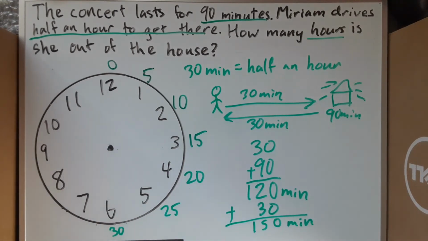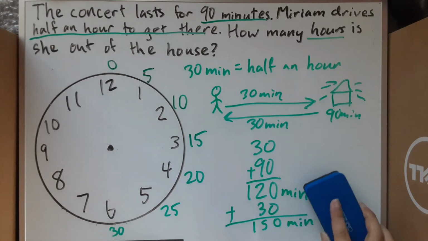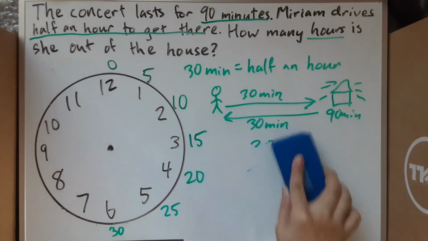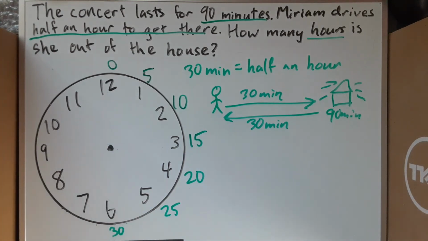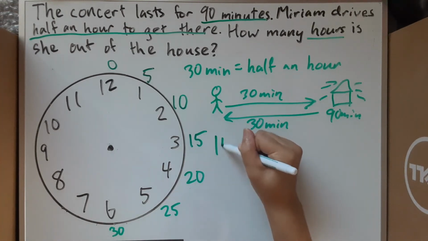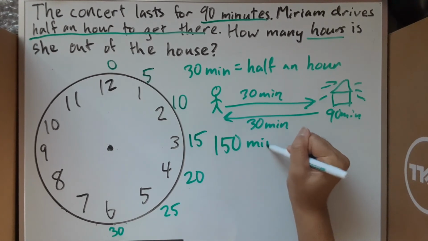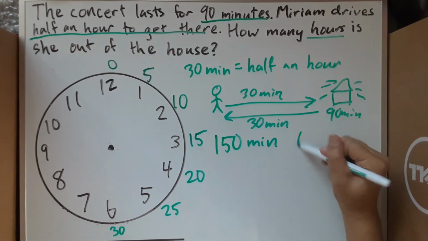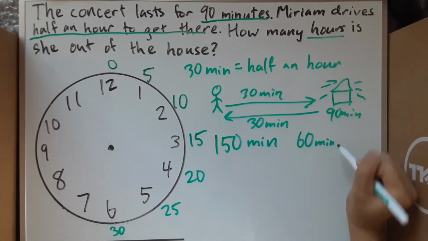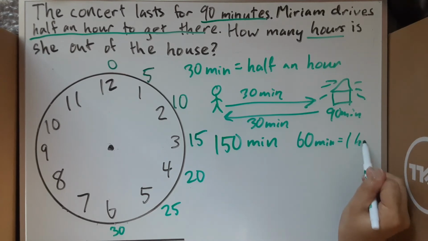Now, let's convert 150 minutes into hours. We know that 60 minutes equals 1 hour.